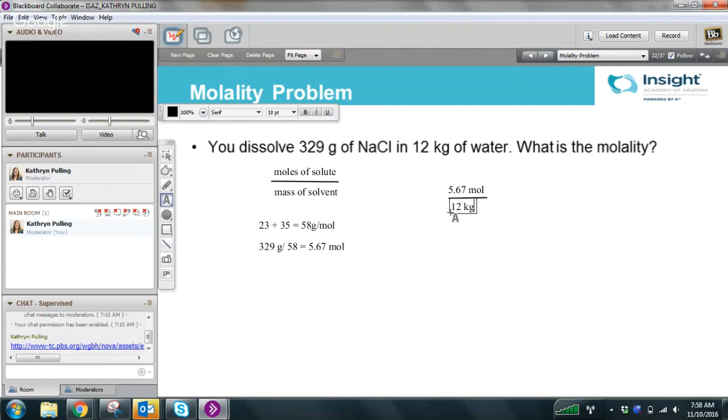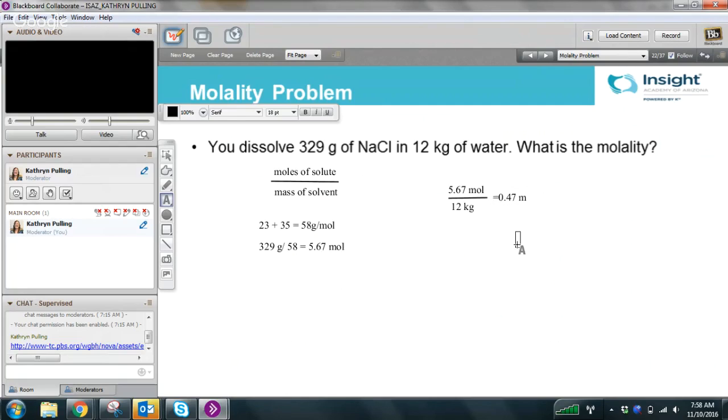So 5.67 divided by 12 is 0.47. And molal. What was that unit for molality? That was the lowercase m.